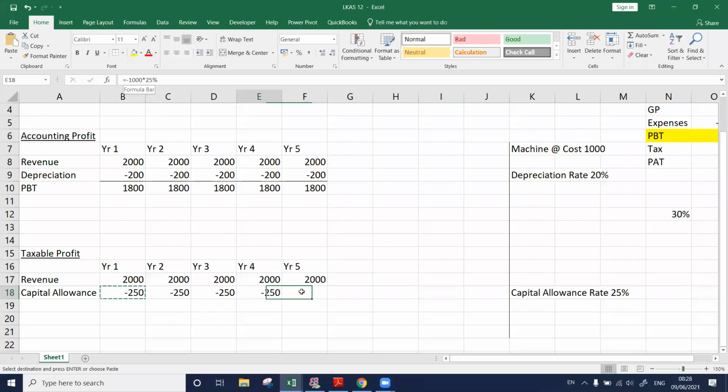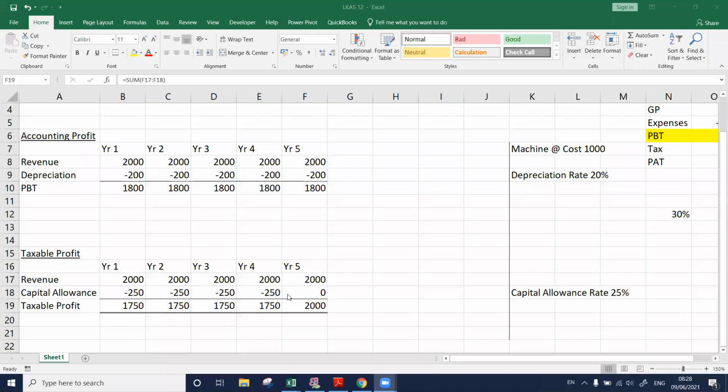As a result, what will be our taxable profit figures? In year 1, we will have a taxable profit of 1750. In year 2, year 3, year 4, we will have the same. In year 5, our taxable profit amount will be 2000. Okay.